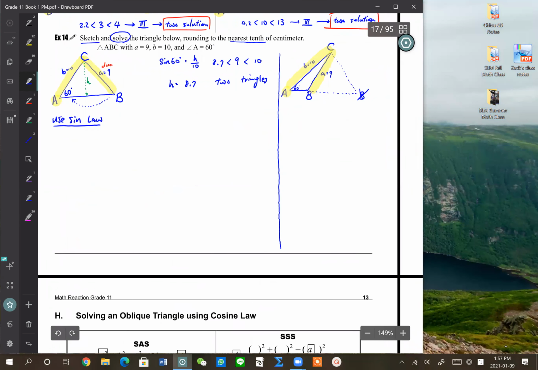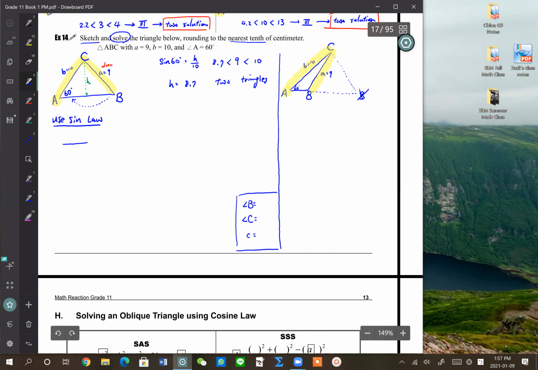So we are missing angle B, right? Angle B. We are missing angle C. We are also missing the side C. Okay, so let's just put a target there and then set up the ratios.